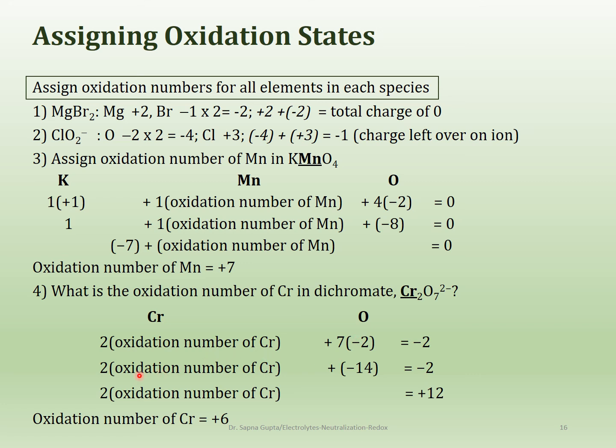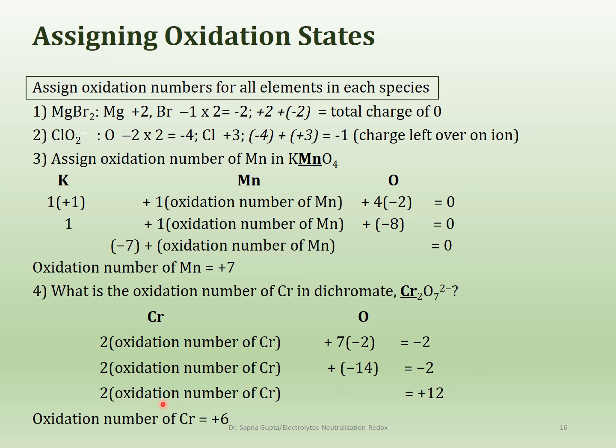And so 2 number of chromate ions plus -14, 14 coming from the total charge of oxygen, it should be equal to -2. All right. So you take the -14 on the right hand side, which is an algebraic equation.